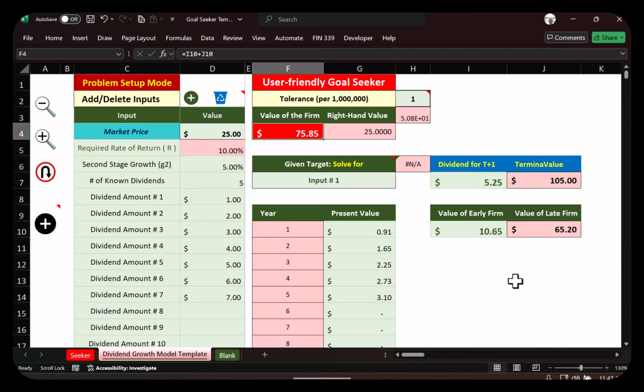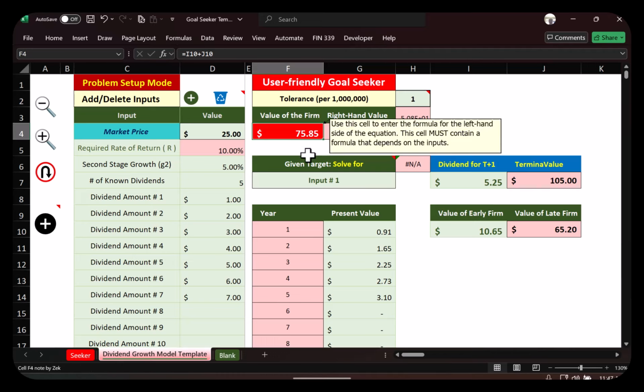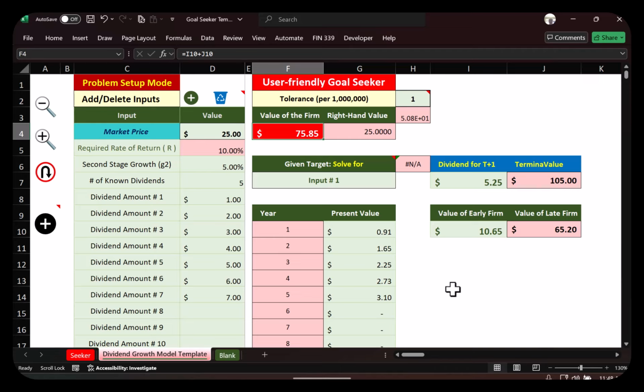That comes in only when we're solving for an unknown. That's it. We've done it. Up to and at least 15 known dividends. If you tell me what those known dividends are, if you tell me the discount rate, number of known dividends, and the second stage growth rate, this is going to tell you the value of the firm.